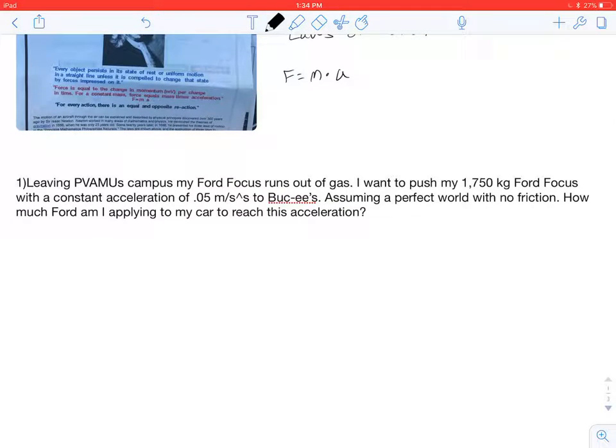Assuming a perfect world with no friction, so there's no friction from the road on my tires or from my tires to the road to slow it down, how much force am I applying to my car to reach this acceleration?